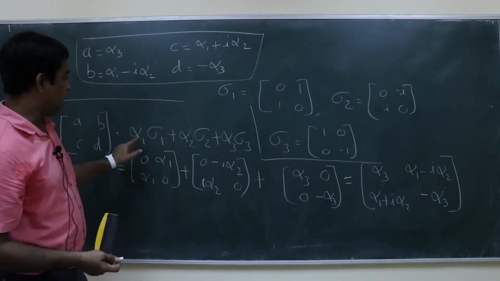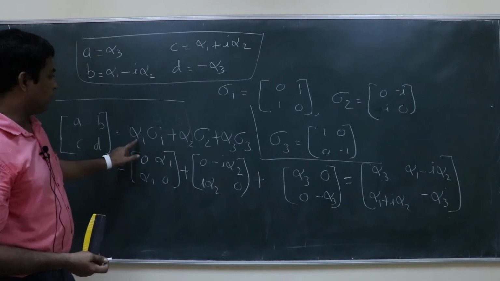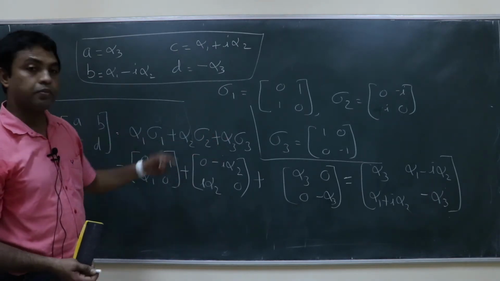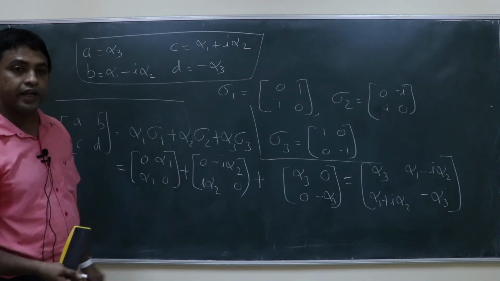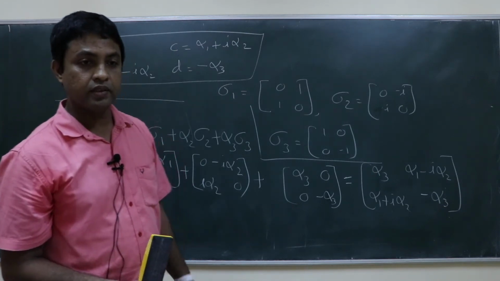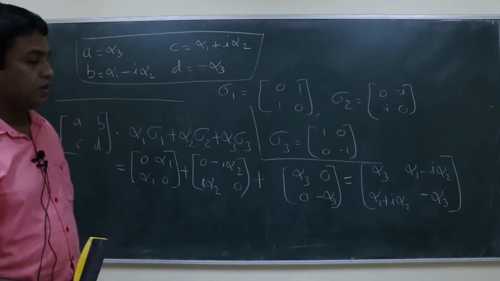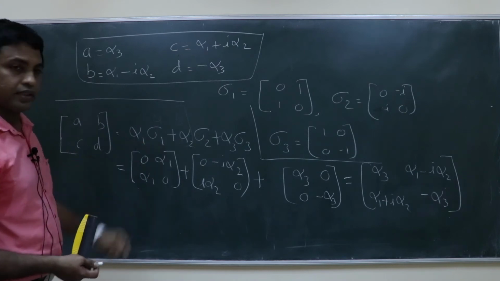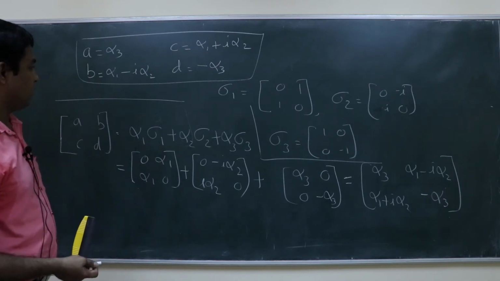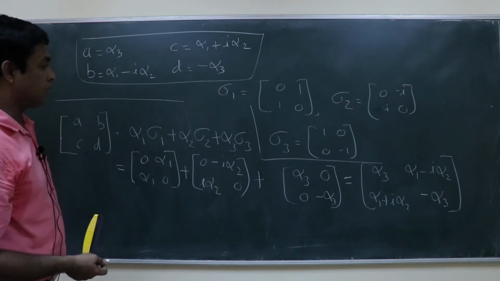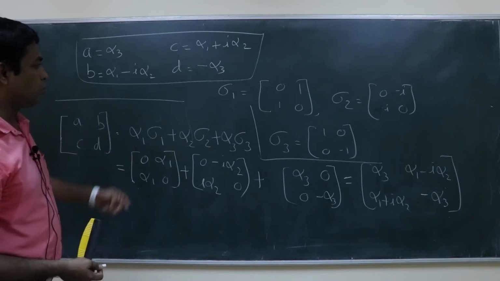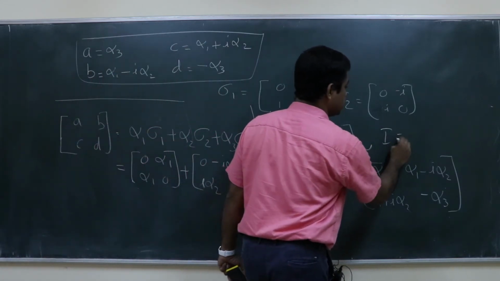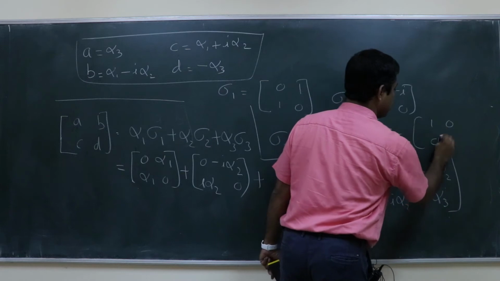When I write alpha 1, alpha 2, alpha 3, in general they can be complex numbers. So how many real quantities can I get from there? I can get only 6. So you can see that you cannot write a general matrix in terms of sigma 1, sigma 2, sigma 3. Only some special matrices can be written that way. So what to do? I can also include the identity matrix, which is 1, 0, 0, 1.